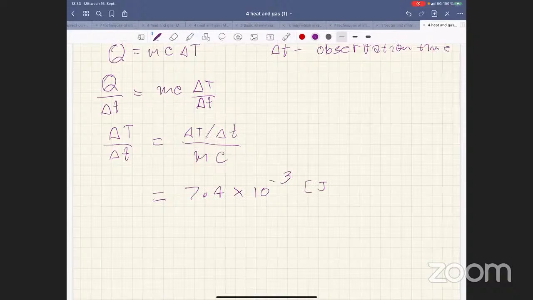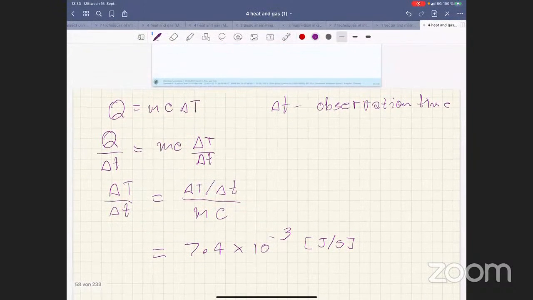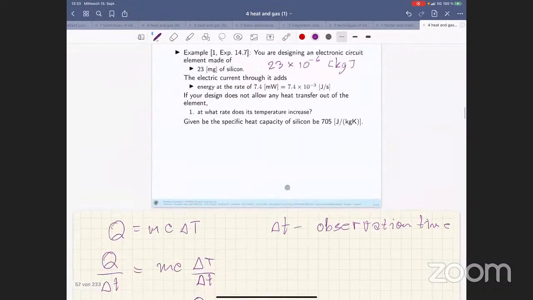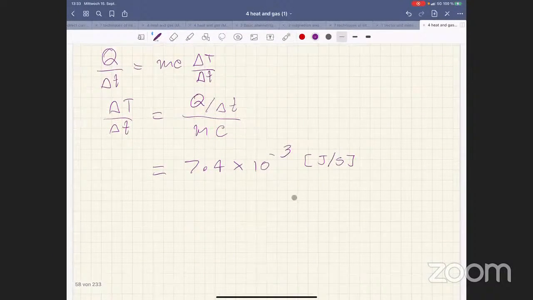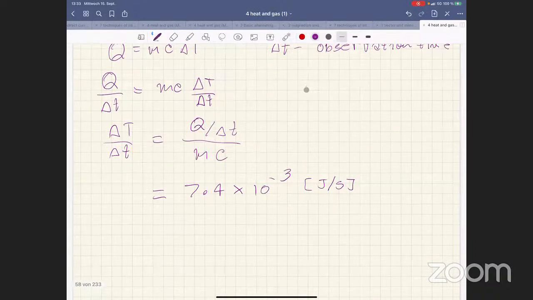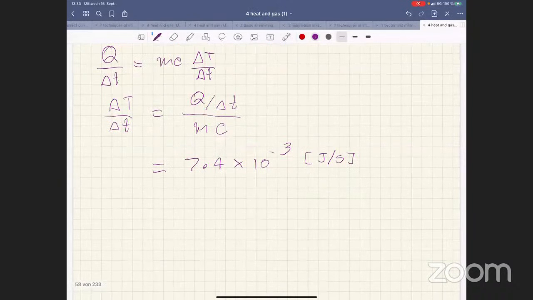That's the energy, sorry, this is Q. The joule per second is watt, but with respect to time we say joule per second. And nothing more. We go further to the substitution.